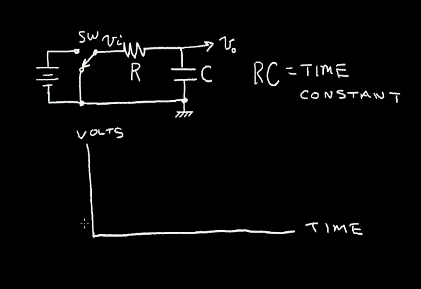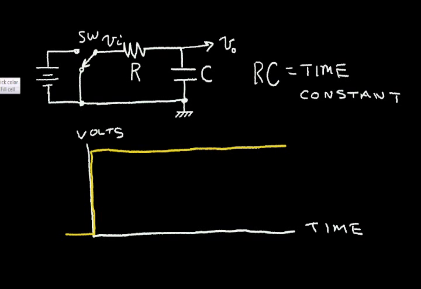So initially, before I throw the switch, the Vin, or the VI, is at 0. Let me change colors. So initially Vin is at 0. I throw the switch, and Vin changes abruptly to the battery voltage, and it remains at the battery voltage continuously.